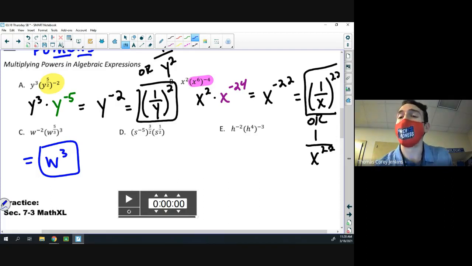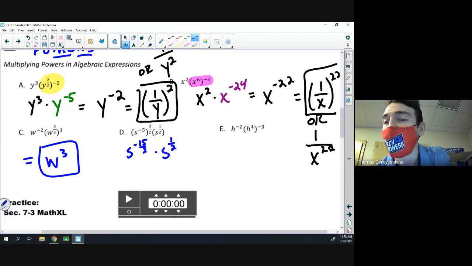All right. So, well, let's just go step by step. So first step would be we take -5 times 3 over 2. So that's going to give me S to the -15 halves times S to the 1/2. Then you take -15 halves plus 1/2.